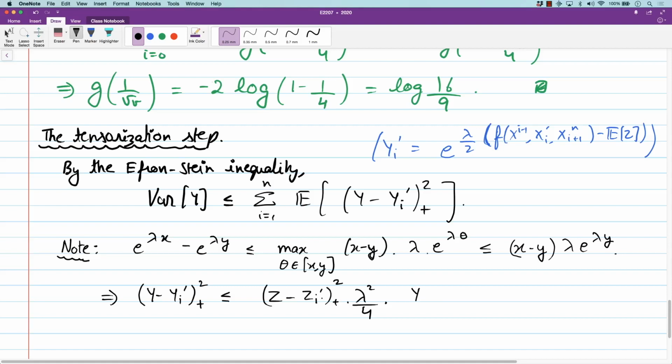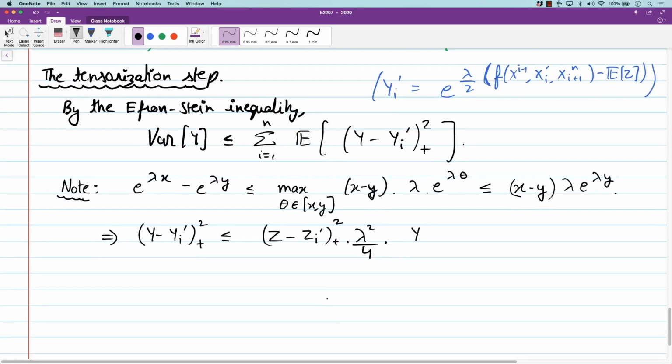Okay, so this is that magical inequality we were looking for. This becomes y square actually, because I squared this inequality.